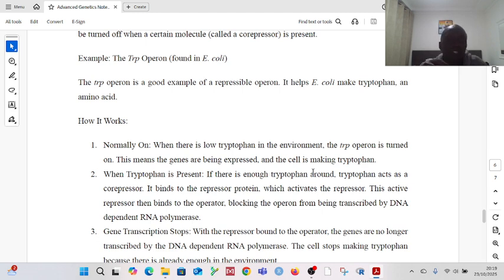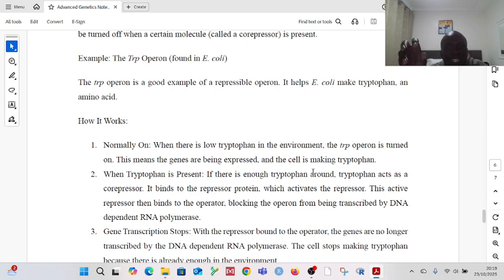But now what happens when tryptophan is present? If tryptophan is not in the environment, or it is there but at a very low concentration, then there is need to turn on this operon so that we can make more tryptophan. But when tryptophan is already present in enough concentration, then that tryptophan does not need to be made because it is already there.